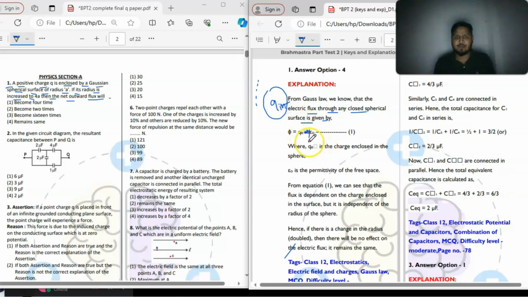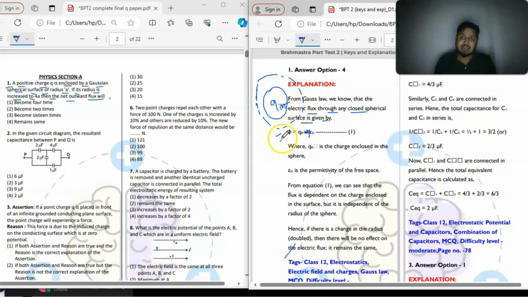Q by epsilon naught. From this equation, one thing that I have observed is that the electric flux only depends on the charge enclosed. It does not depend on the shape of the Gaussian surface or closed surface. So if you increase the size of the spherical Gaussian surface, then what will happen?